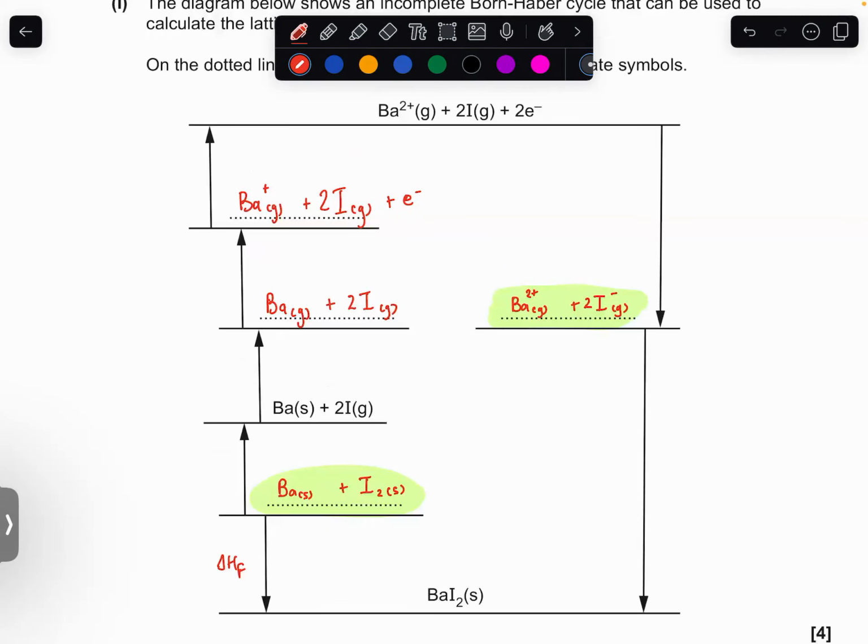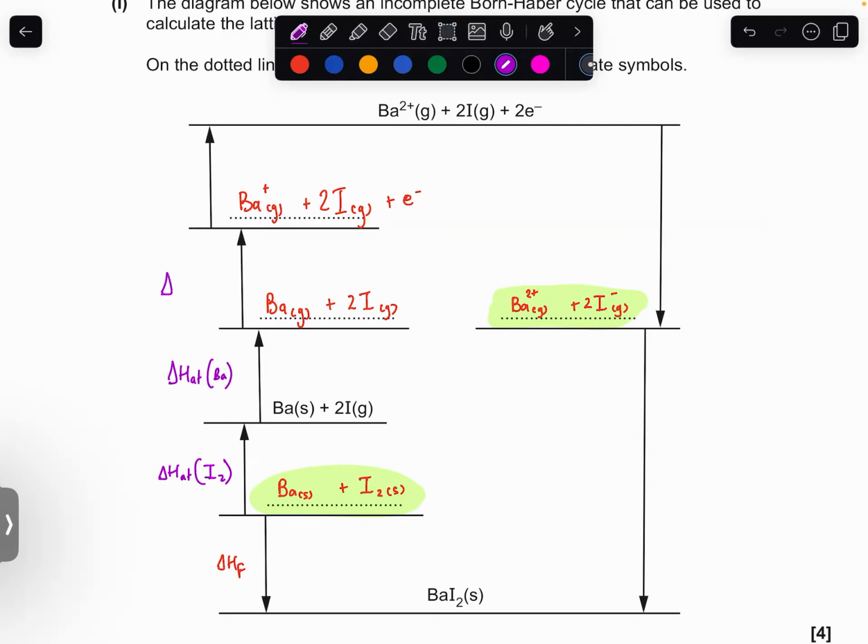Just having a look at the mark scheme. That is fine. So, just to make it clear to you, this change here is the atomization, let's call it AT, for iodine. The next change is the atomization of barium.